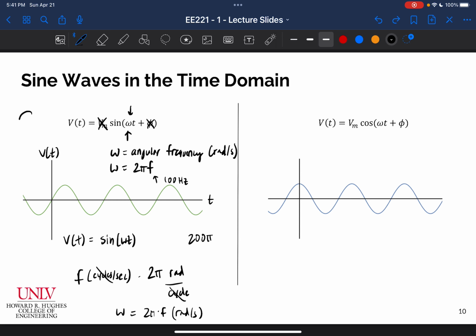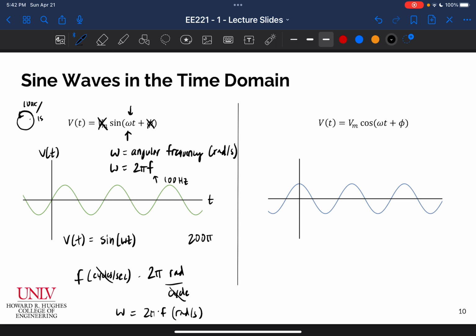That means I would be going around the circle 100 times in a second. That's what 100 hertz means. But to convert that to angular frequency, we need to multiply by 2 pi, because we need to get it into radians per second. Okay, so what does this have to do with time?